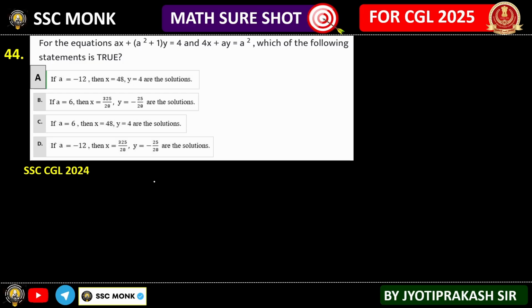So if you take minus 12x plus minus 12 square, which is 144, plus 1 into y is equal to 4. So I can write minus 12x plus 145y is equal to 4. In the second case, this will be 4x plus minus 12y is equal to minus 12 square, that is 144.